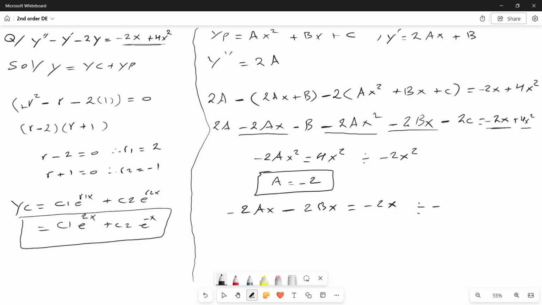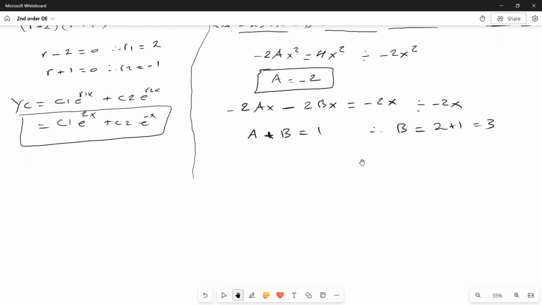If we divide by negative 2x, we get a plus b is equal to 1. And since a is negative 2, b is equal to 2 plus 1, which is 3. Now we have the values of a and b.